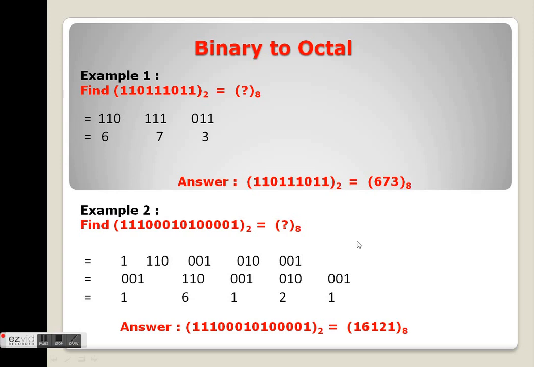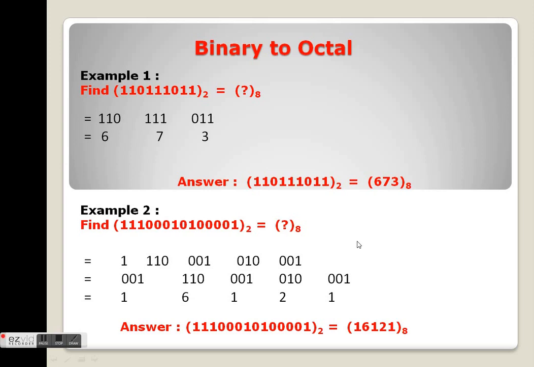Here in example number 1, we want to find the octal equivalent of the binary number 110111011. So firstly we will make the groups of size 3 from the right hand side. So the first group will be 110, the second group will be 111, and the third group will be 011.